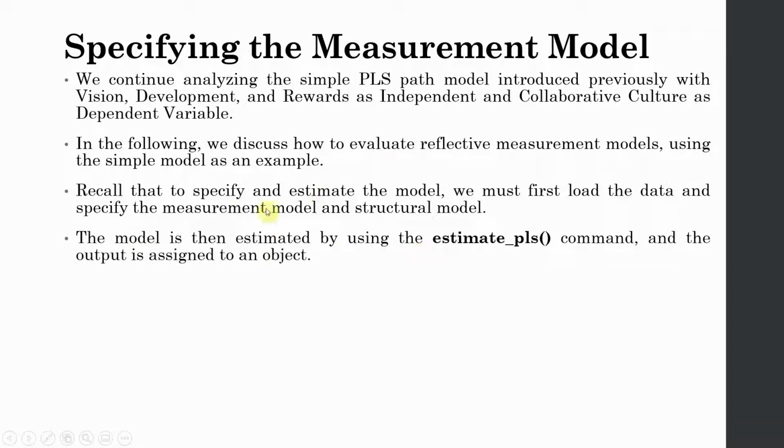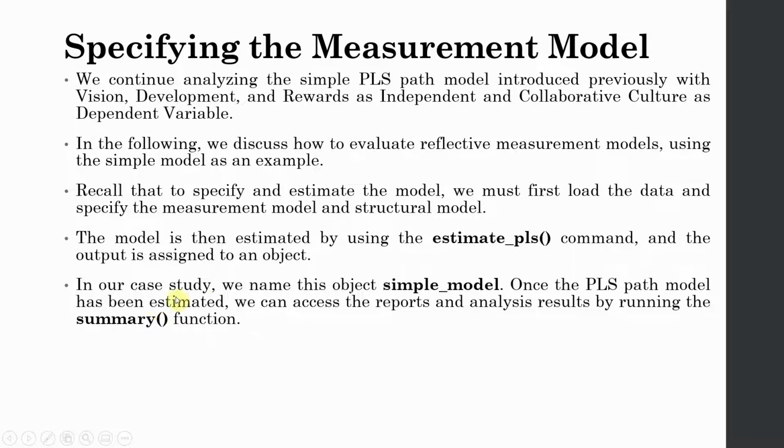Now this is the process. The first thing is you have to load the library, then load the data, then specify the measurement model and your structural model. Then you have to estimate your model. And for estimation, we are going to use this function. Once you call this function, the output is assigned to an object. In our case study, we name this object simple_model.